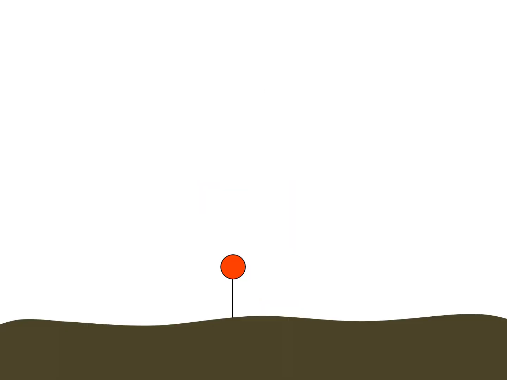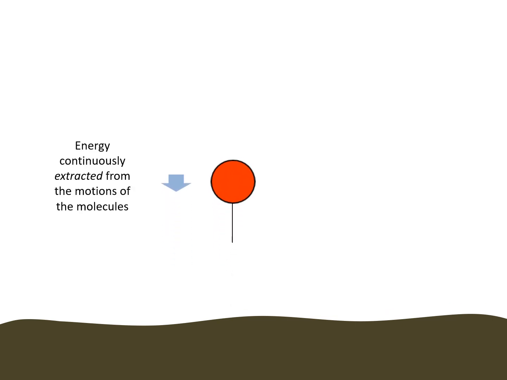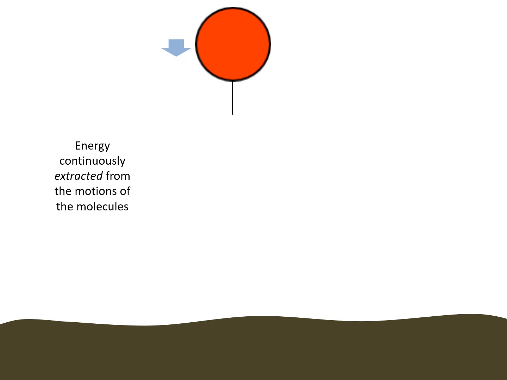Let's think of this in terms of energy. During dry ascent, energy is continuously being removed from the air molecules in order to pay for the needed work of expansion. This extraction of energy comes at the expense of temperature, so the air cools at about 10 degrees C per kilometer.